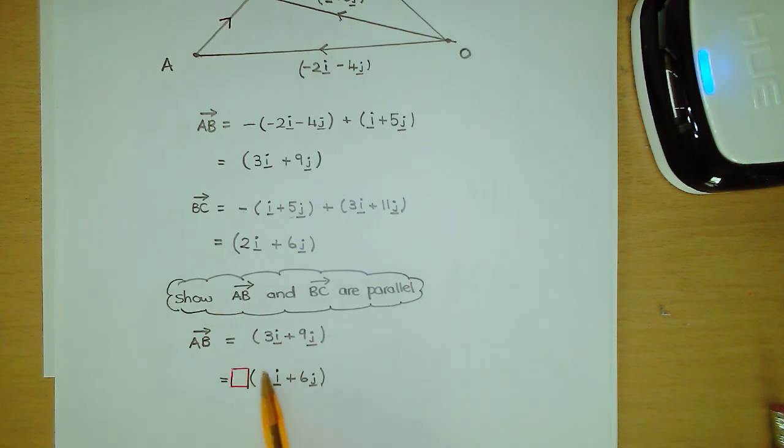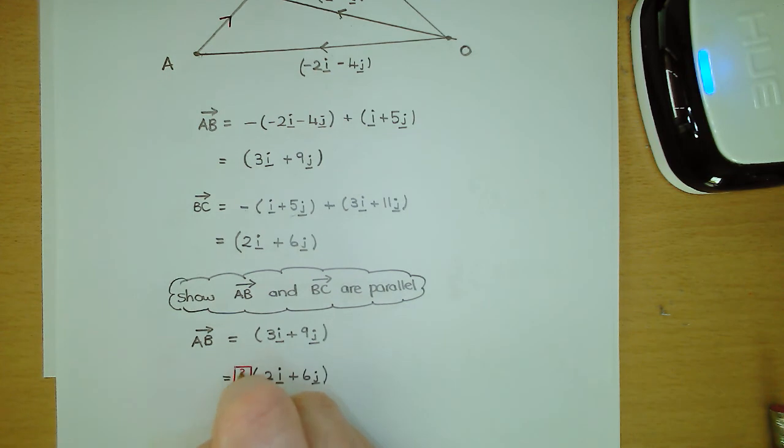Well, 2 times what gives you 3? Well, you're going to have to multiply by 3 over 2. Yeah, 3 over 2 times 2 is going to give you 3. And then 3 over 2 times 6 is going to give you 9. So to turn vector AB into the other vector, you would need to lift out a factor of 3 over 2.